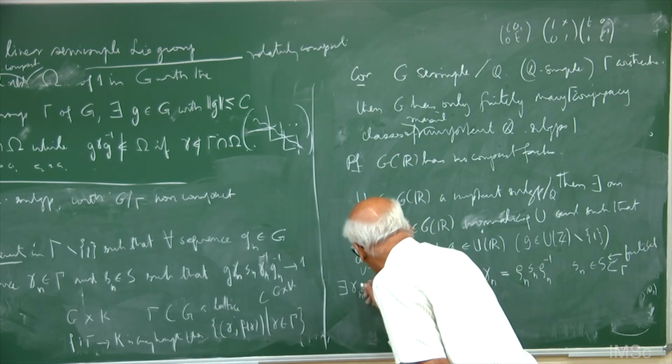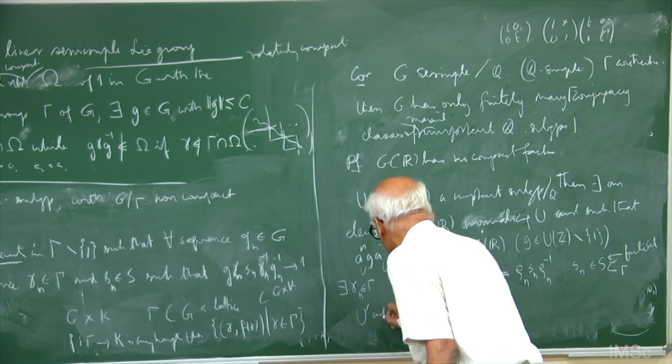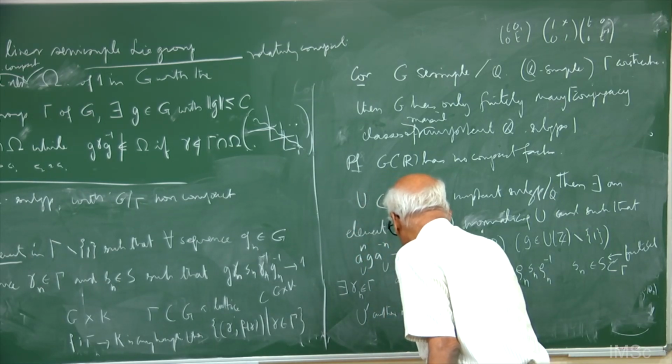Suppose U prime is another unipotent group, another maximal unipotent.